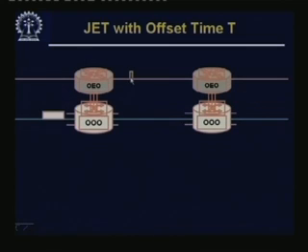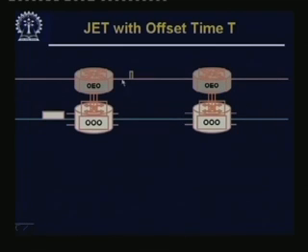Now this moves towards the next node, where it again goes through O to E conversion, then the switch configuration, and then again E to O, and goes to the next hop.